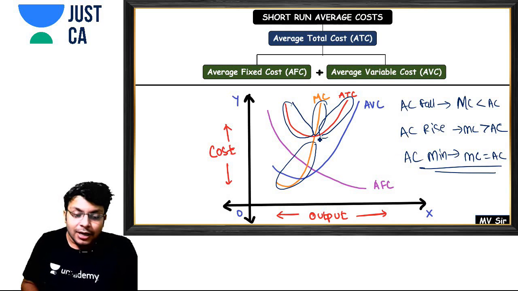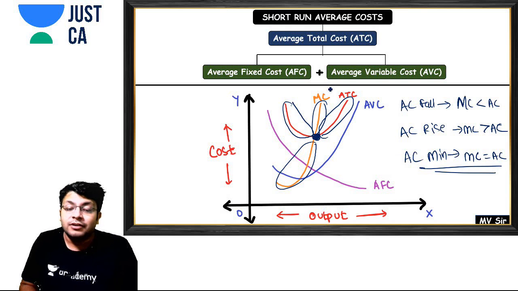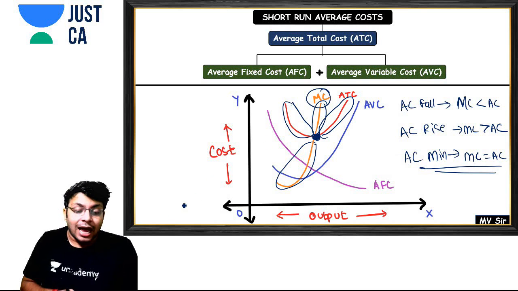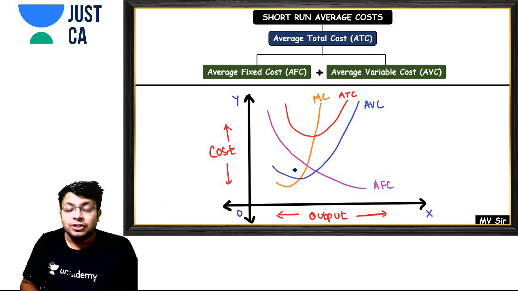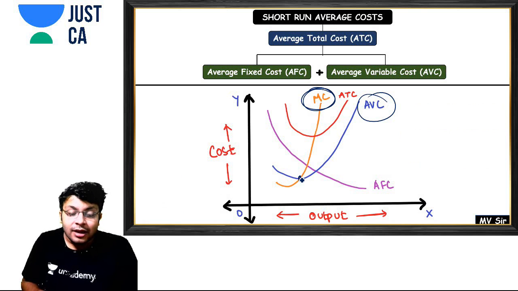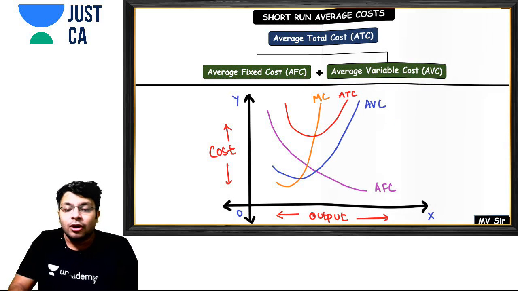So at the minimum point of the average total cost curve, your marginal cost curve intersects it. And one more thing, your marginal cost curve also intersects the average variable cost curve at the minimum point of the average variable cost curve, which I've already told you.